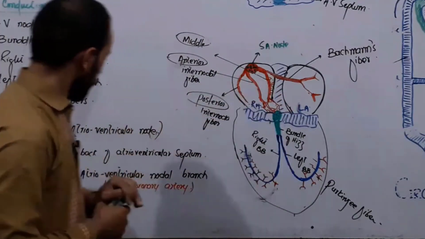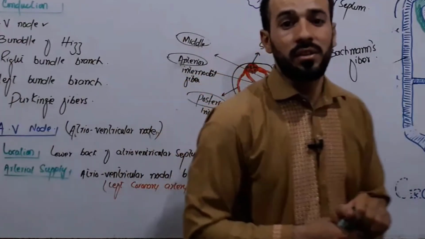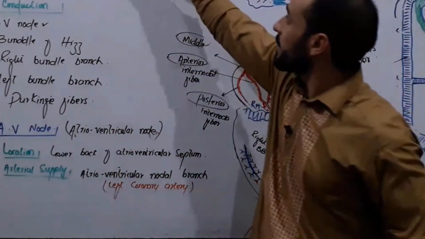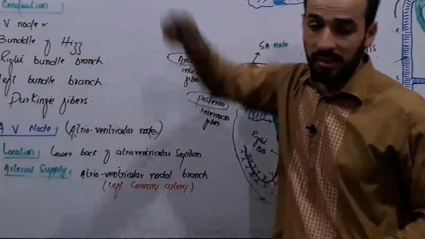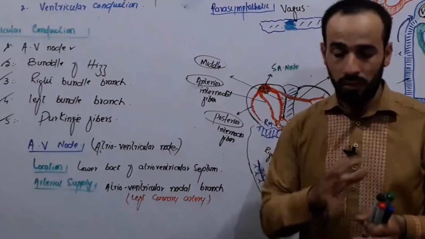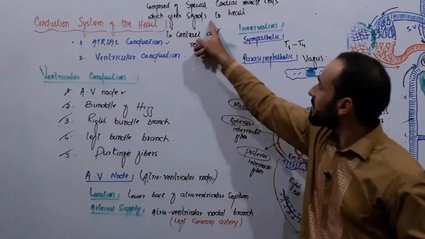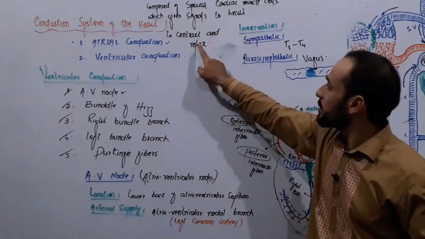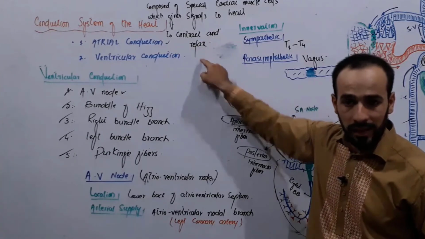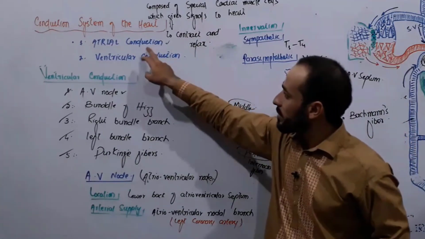So this was, friends, about the conduction system of the heart. The conduction system of the heart consists of specialized cardiac muscle cells, and these cells give signals in the form of action potentials, in the form of current, to the muscles of the heart in order to contract and relax, and these systems are two.